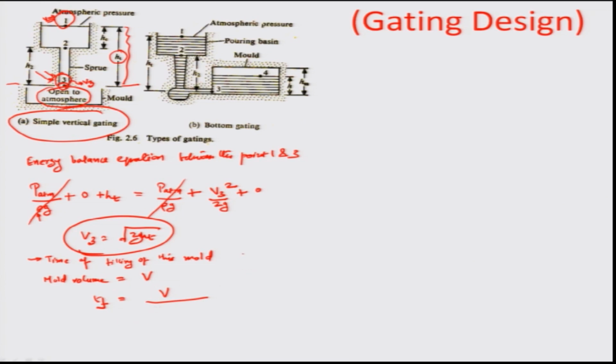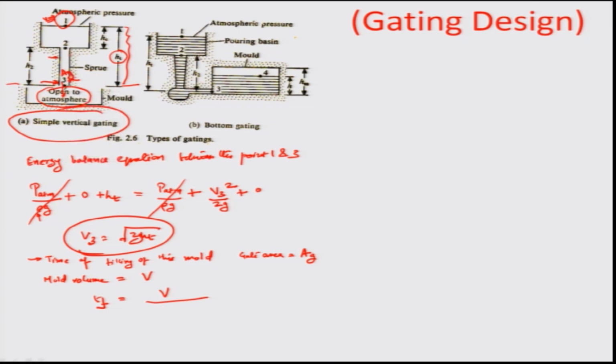If I assume the gate area to be a g, which is the area right about here. Let me just rub all this off to show exactly which region is the gate. So, this right here is the gate region through which the material is entering the mold cavity, and the cross sectional area of this is a g.